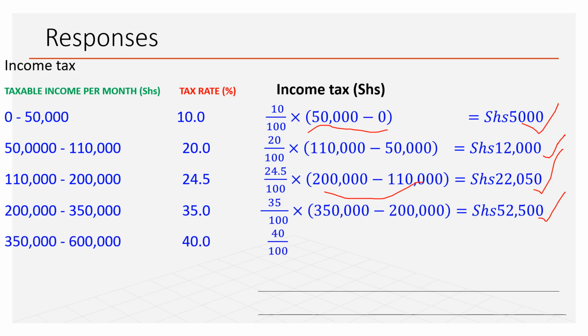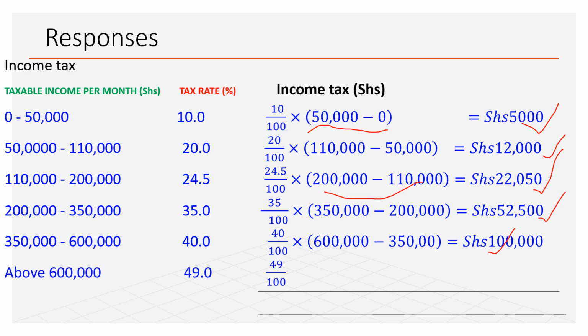Then within the range of 350,000 to 600,000, we have 40%, and that is giving us shillings 100,000. Above 600,000, we shall have 49%.